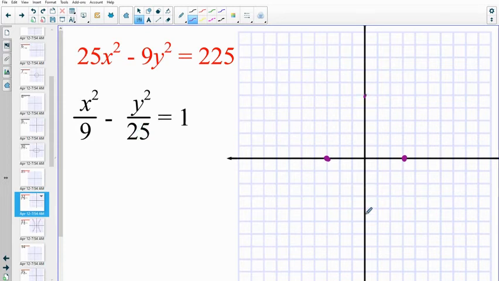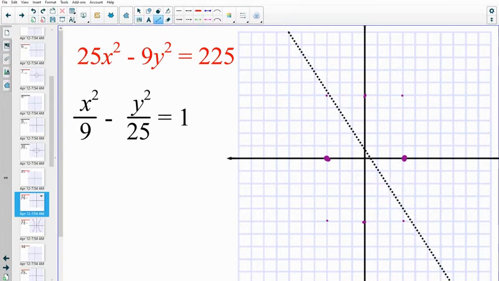And so these points I'm going to make a little bit lighter because they're not actually points on the hyperbola. They are the co-vertices. But I'm using them more for guidance in creating the rectangle around which I will then make my dotted lines, my asymptotes, which will look about like that.